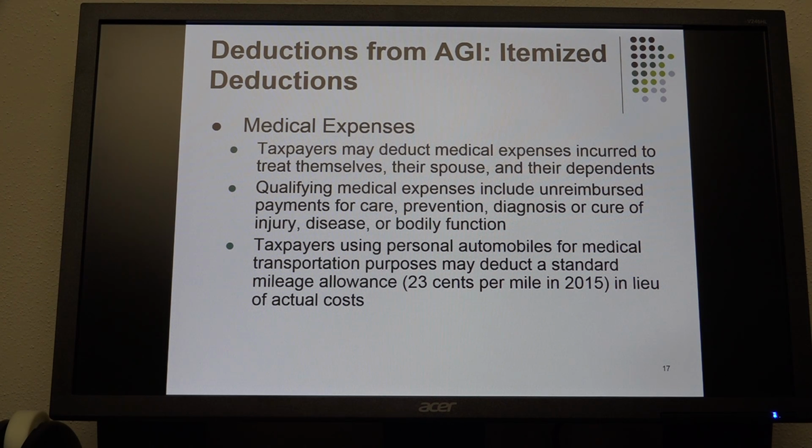In reality, this doesn't apply to very many people because a majority of people are covered by some medical insurance. But anyway, it's worth talking about. And so a taxpayer can deduct medical expenses incurred to treat themselves, their spouse, and their qualifying dependents.